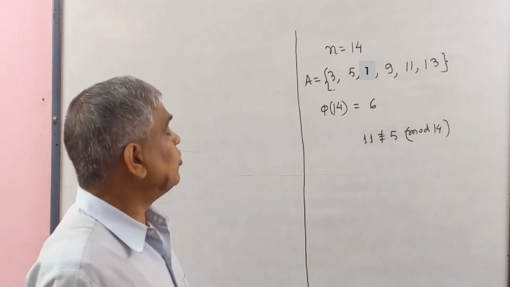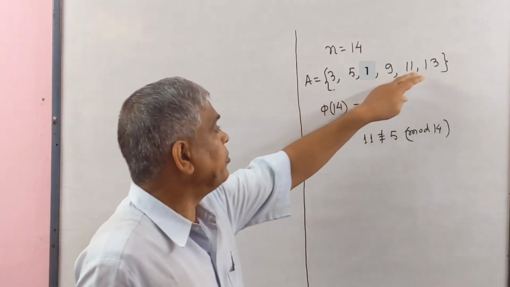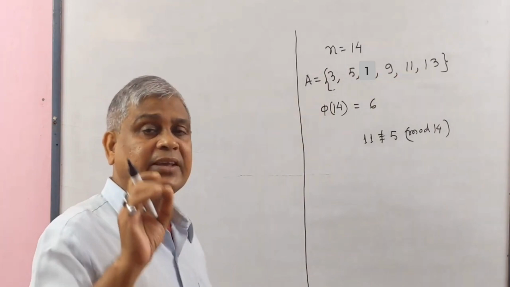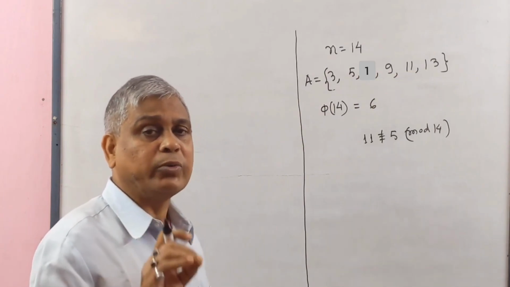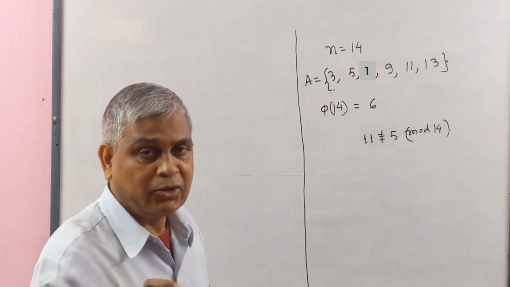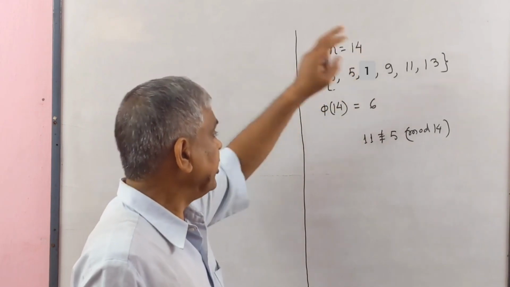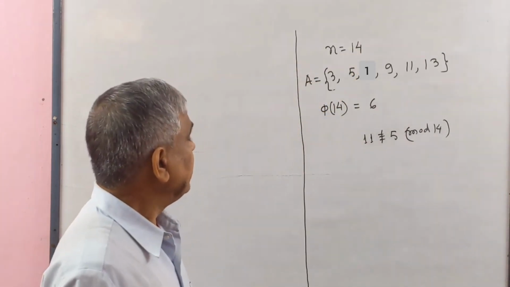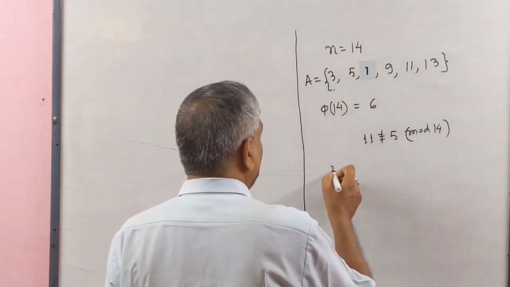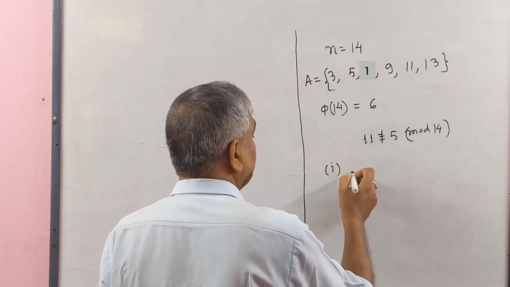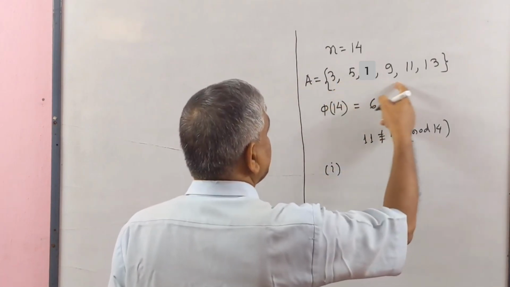In this way, we may take any two of these. They are not congruent to each other modulo 14. Therefore, number 1, we get any of these numbers.